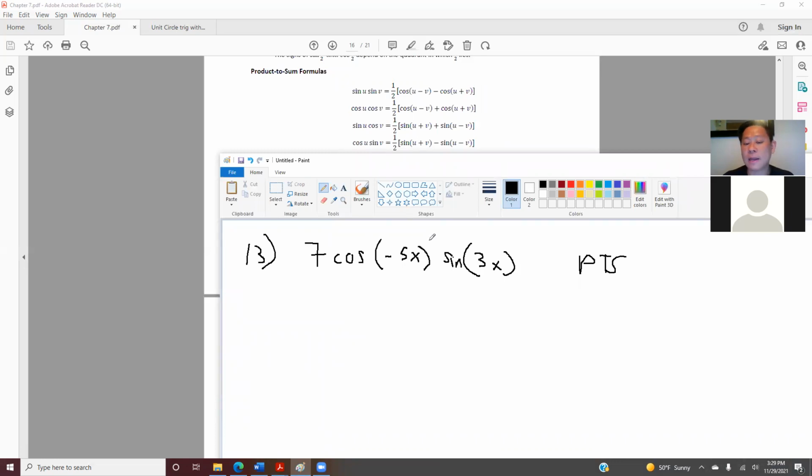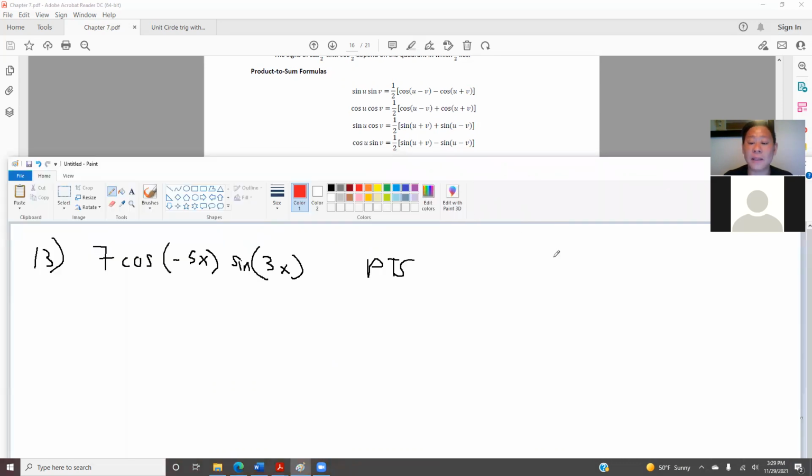So one is cosine and one is sine. We will do the last one. But before we apply the last one, do you guys still remember what happens to the negative angle for cosine? This is the negative, even-odd identity. What happens when you have cosine with a negative angle?